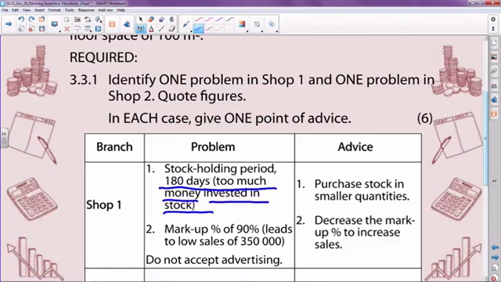What advice would you provide? Purchase stock in smaller quantities. As and when you need it, you purchase it. In that way, you're not tying up your money in your stock. Then, the markup of 90% leads to low sales of 350,000. Watch here what we are saying.